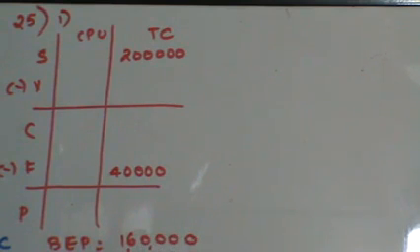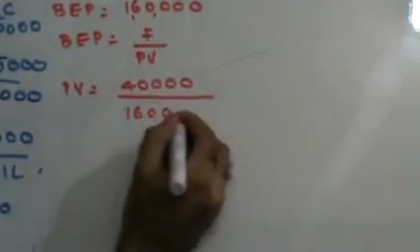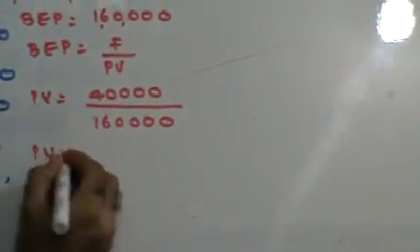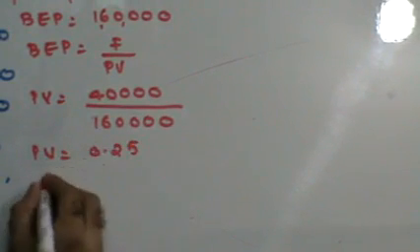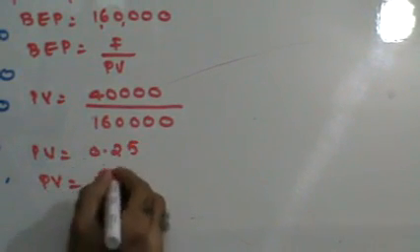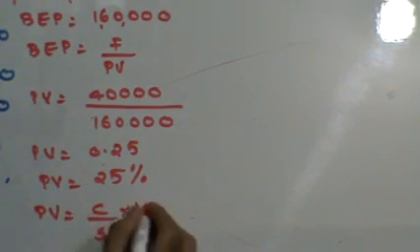Now, I can say that BEP is F upon PV. So therefore I can say PV is F, that is 40,000 divided by 1,60,000. So PV is 0.25 if I'm not mistaken. So in terms of percentage, PV will be 25%. Now I can say PV is also equal to C upon S into 100.